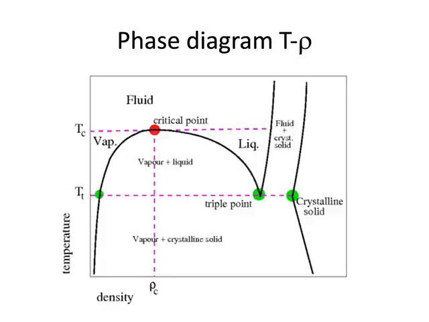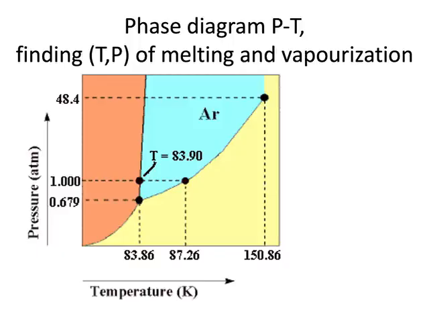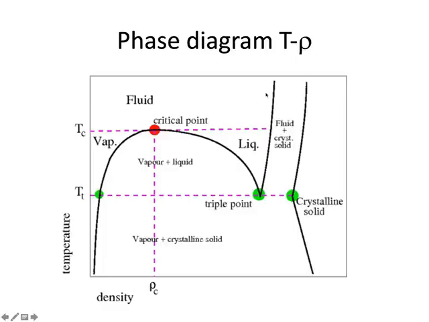Now I've just shown a phase diagram in pressure and temperature, which clearly shows the critical point as an endpoint of the gas-liquid coexistence line. Another way of showing a traditional phase diagram is to plot temperature versus density.